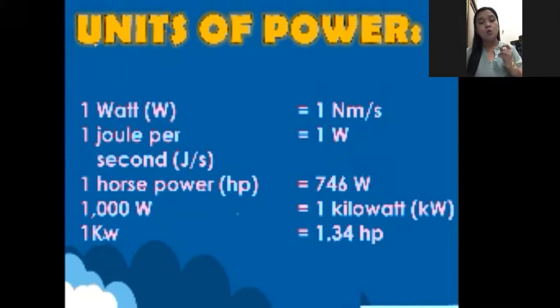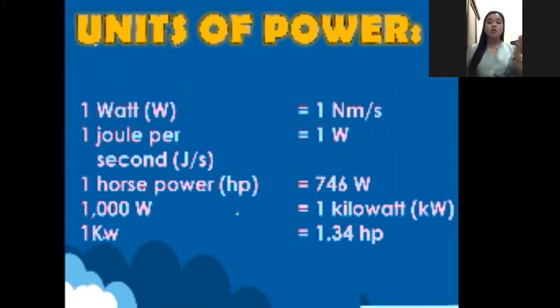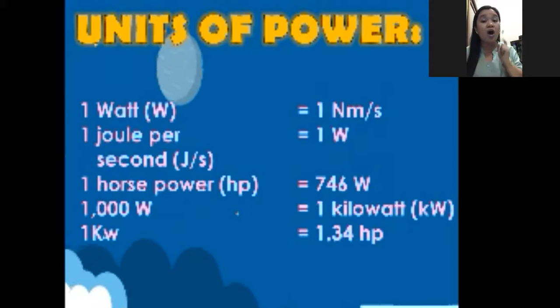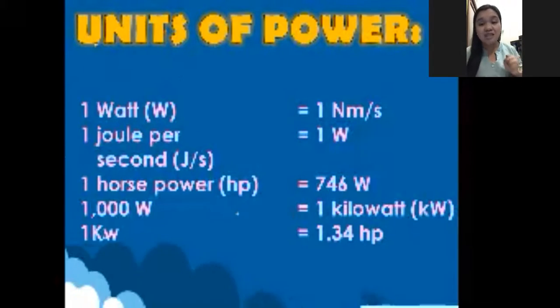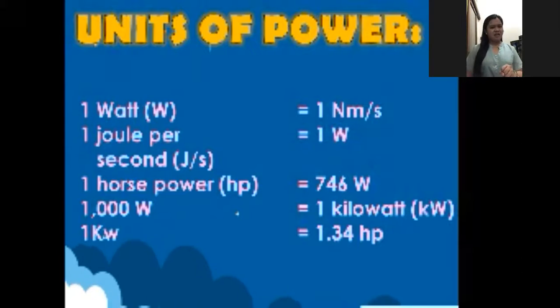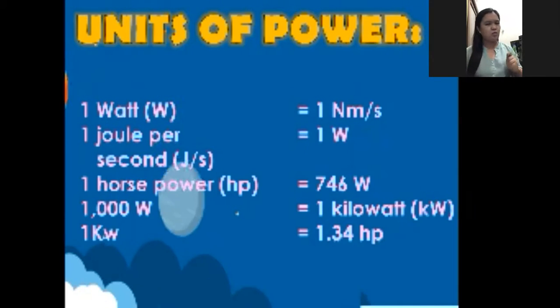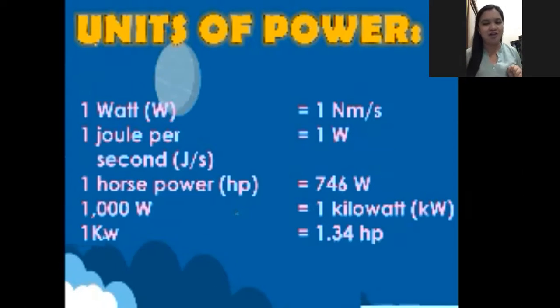Next one: 1,000 watts is equivalent to 1 kilowatt. Again, 1,000 watts is equivalent to 1 kilowatt. Is it clear? What is the equivalent of 1,000 watts? Good. Thanks for trying harder.